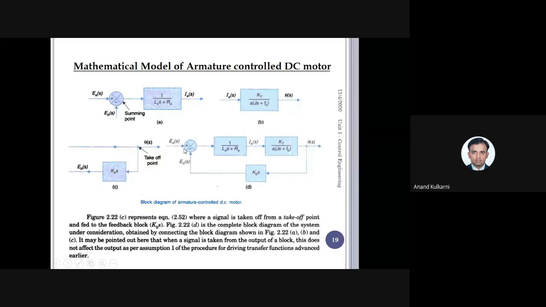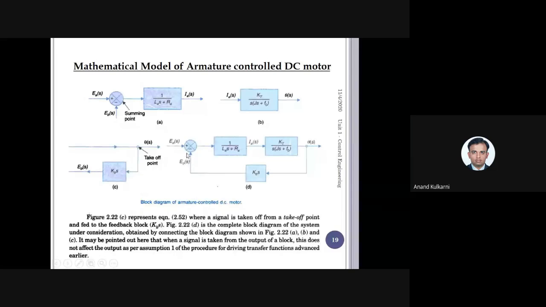So if you join them together, Ea, Eb, this one, here Ia is available, this will go to this block and it will come out. See, this is this block and this is this block. Theta is coming. Theta into Kb into S is Eb. So this is the back EMF. Eb is theta into Kb into S as per your equation.